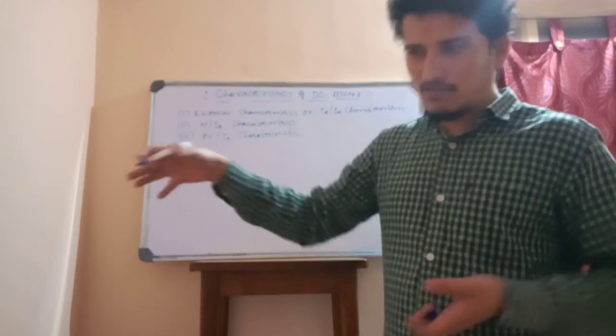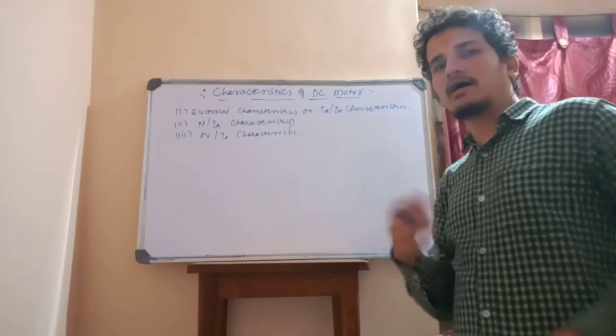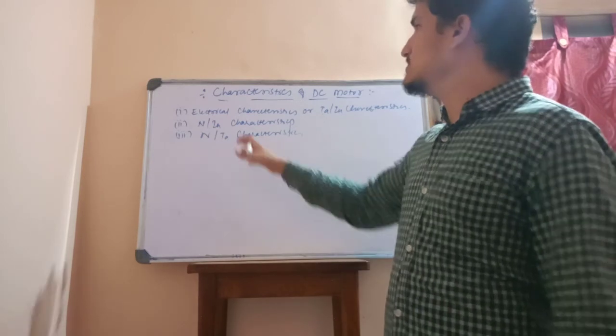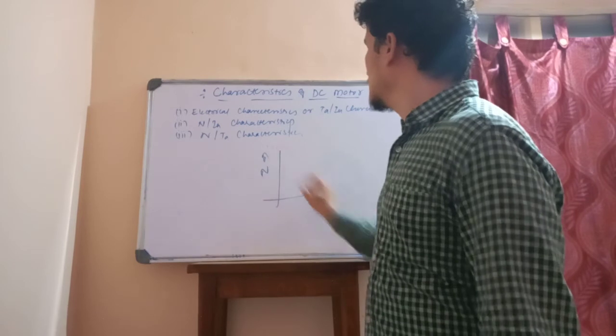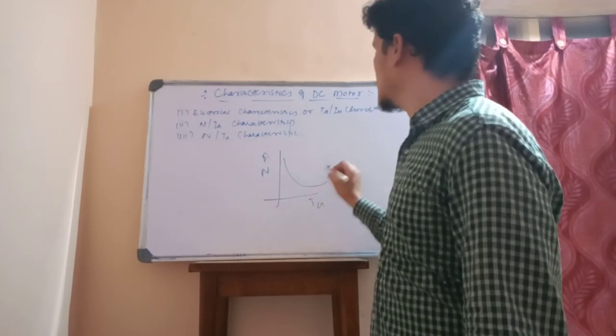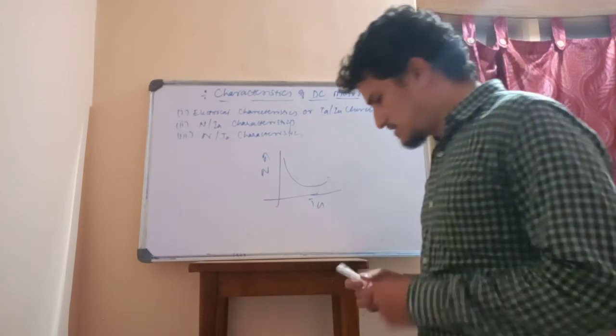There is already some load, so you need high torque, and you can use a series motor. Ta versus N also goes like this, an inverse characteristic. So this is all about the series motor.